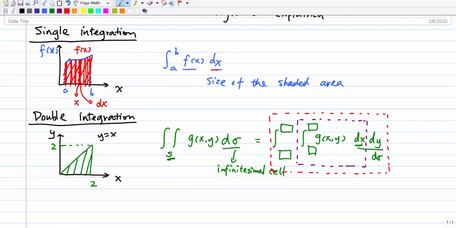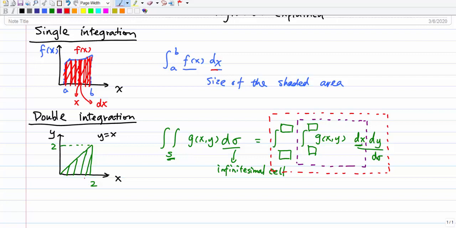Double integration talks about an integration over an area rather than just an interval from a to b. Typically, areas can be represented by a region that has bounds for the variables.